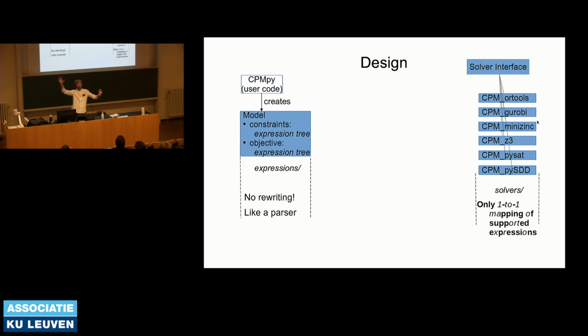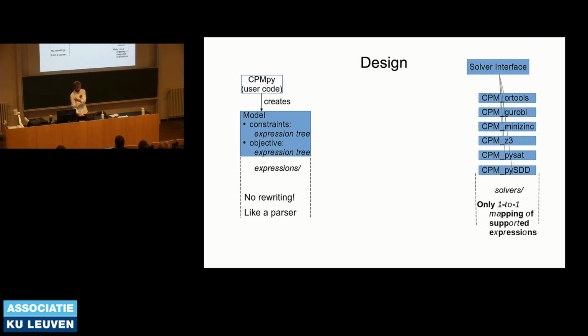At the other end of the spectrum are very specific solvers, like a SAT solver, which only expects clauses as input, or Gurobi, a MIP solver, or an ILP solver that expects only linear sums. In CPMPy, if you open these files, it expects that there is a one-to-one mapping between the expressions that it receives and what the solver supports.